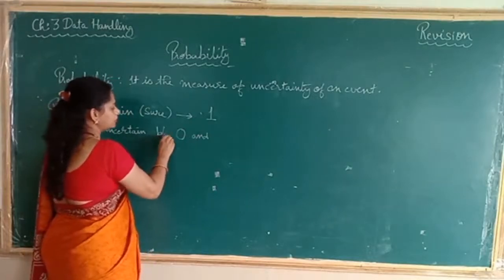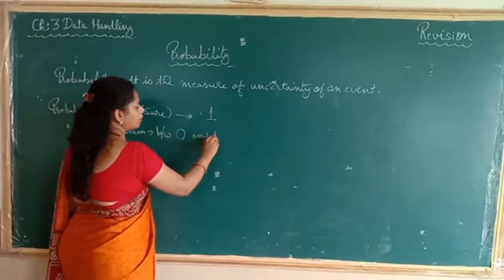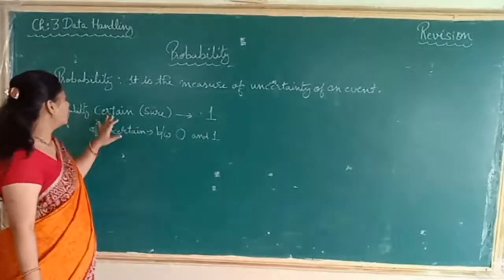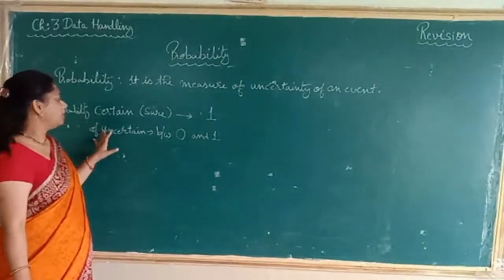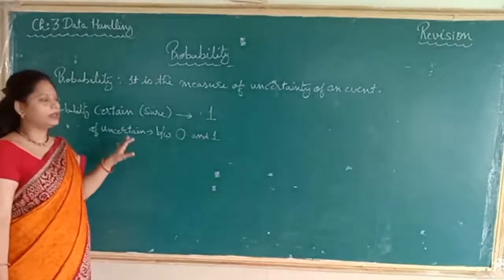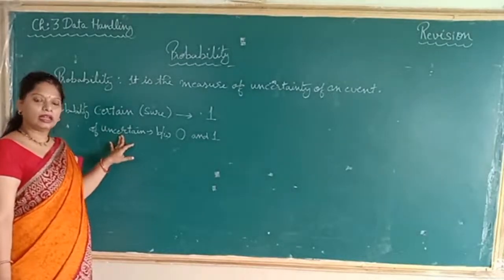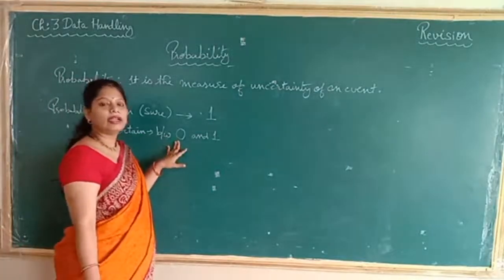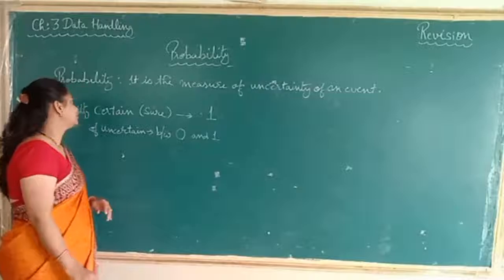If an event may or may not happen, that is, we are uncertain about its happening, then we can say the probability of that event lies between 0 and 1.